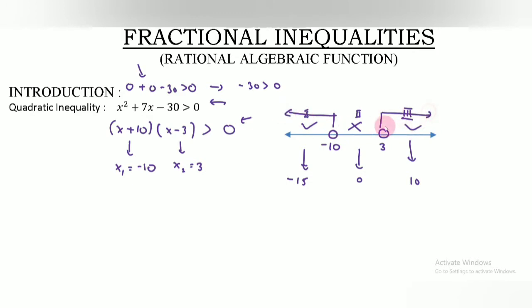I'm supposed to use the ruler, so I'm expecting you to use the ruler, and then shade it like this. The solution will be all x lesser than negative 10, and all x greater than 3. Let's put the number line as your final answer.